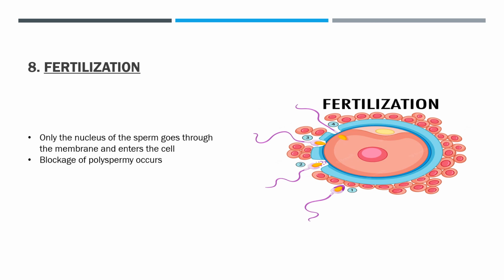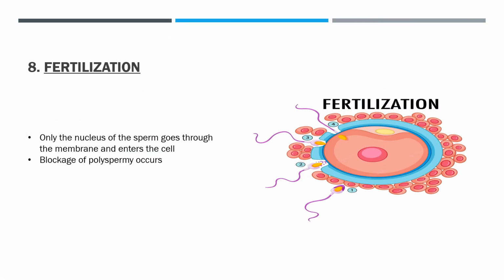The sperm nucleus that enters the cell first is now declared the male pronucleus. On the other hand, the nucleus of the oocyte, or the nucleus of the egg, undergoes meiosis and becomes the female pronucleus. It is more like Mr. and Mrs. pronucleus.